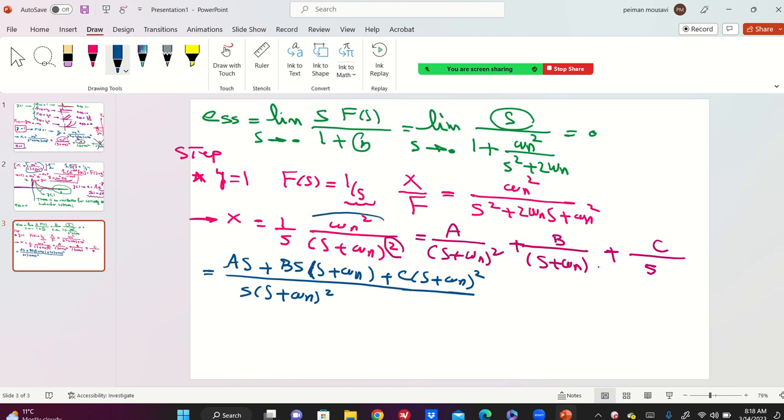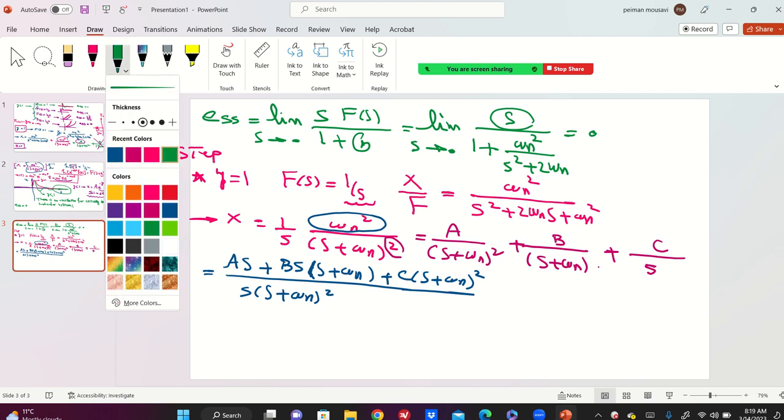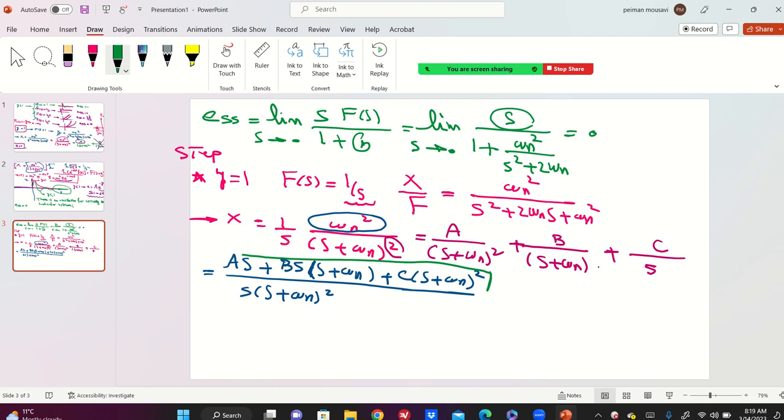This is equal to how much? Omega n squared. So the numerator equals omega n squared. Now you can arrange that based on powers of s.